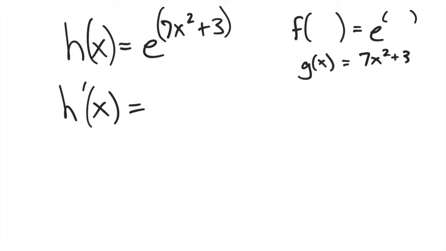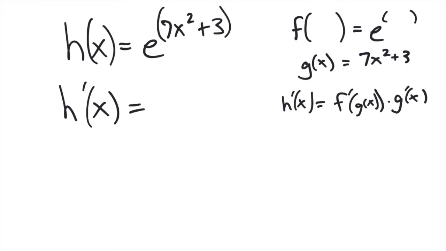Again, it's good to identify the outside and the inside functions, because remember, the chain rule says that when we take the derivative of the whole thing, it's supposed to look like f prime of g of x times g prime of x. So it's good to identify what's f and what's g in this case.